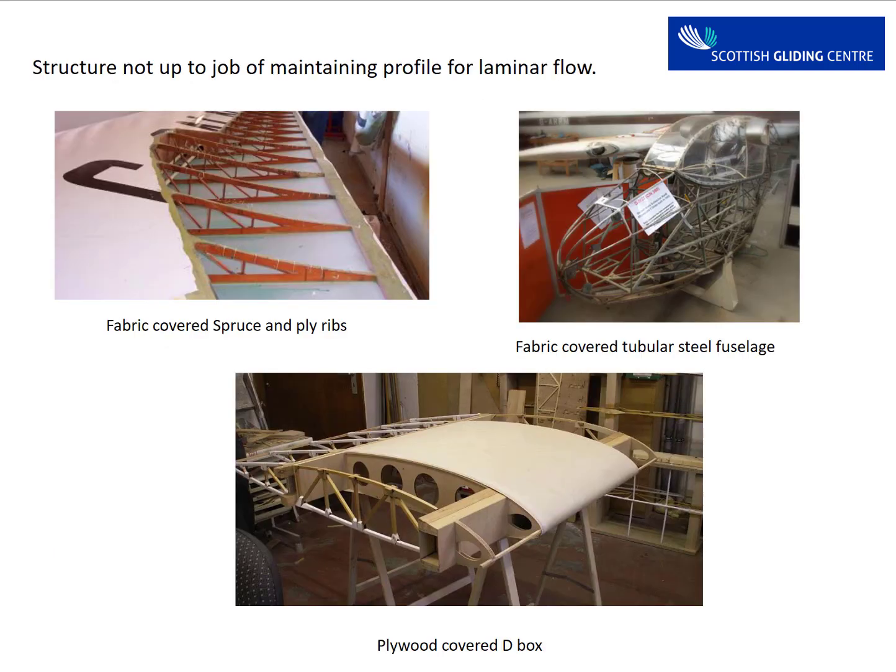The problem with keeping these laminar wing sections is that in the 50s, 60s and early 70s the manufacturing techniques were not really up to generating the nice smooth shapes that were required for laminar flow sections. Here we have wing ribs with plywood over the leading edge and then fabric covered trailing edges.